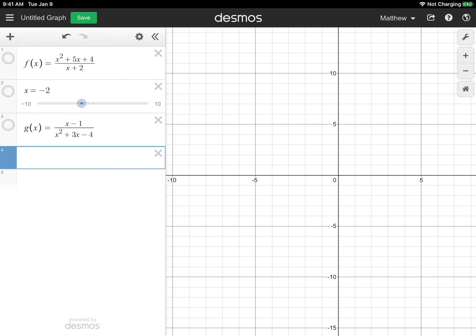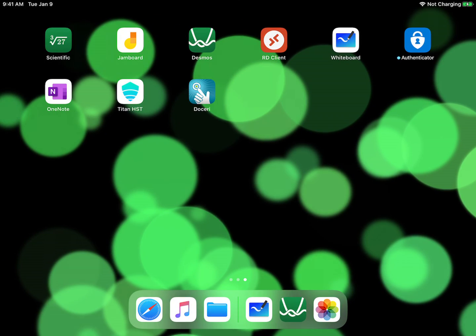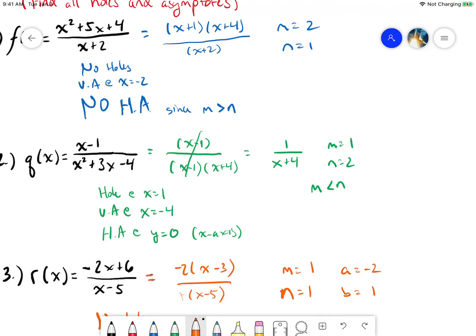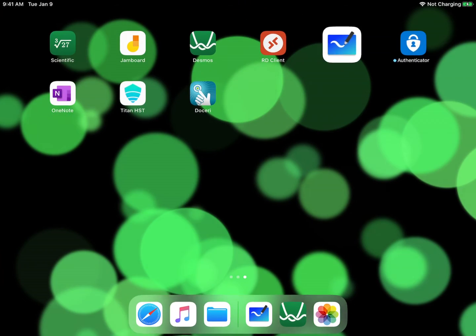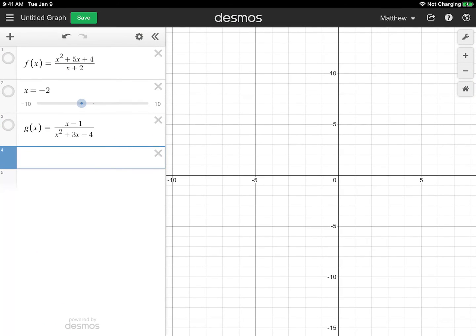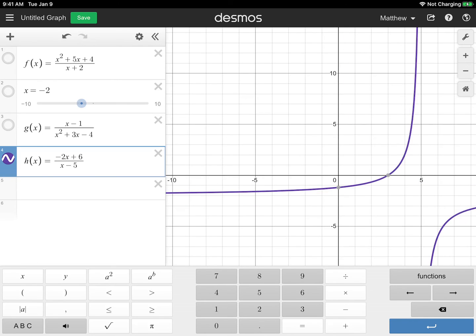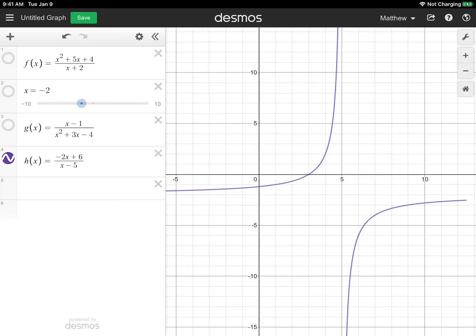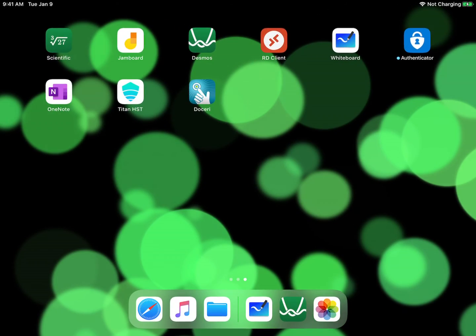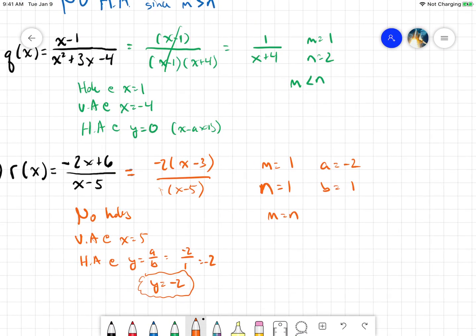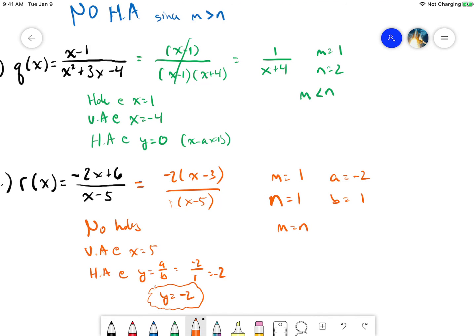Let's double check our last one: -2x plus 6 over x minus 5. So we have a vertical asymptote at x equals 5, and we have a horizontal asymptote at -2.